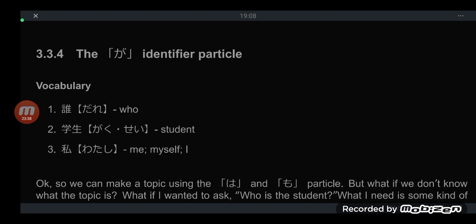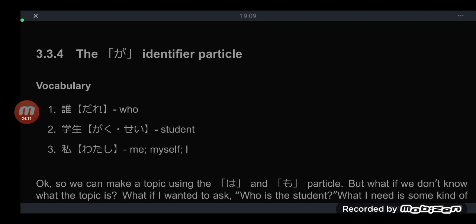In many books, the ga is called the identifier particle. Remember, you might get confused. Many Japanese learners get confused with this difference between the wa and the ga. It's almost the same, but remember, the wa is intended for the SLVC sentence pattern in English. It's intended for descriptive sentences, simple sentences describing a subject.